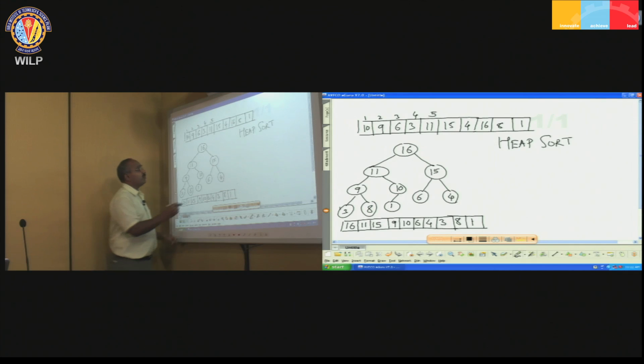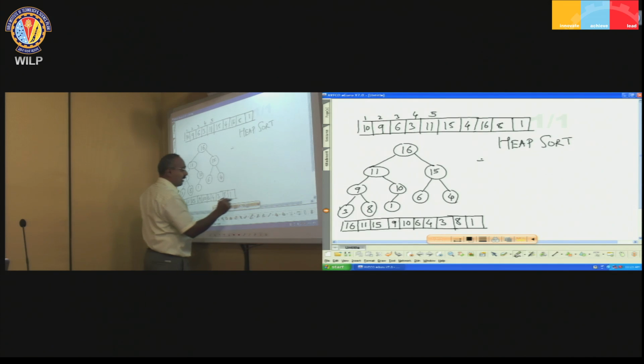Now, what I know is the following: in this particular new array, which I am going to call A, the maximum element is at the root. So, we simply swap these two elements. I am going to do a swap operation and put it at the end of the list.